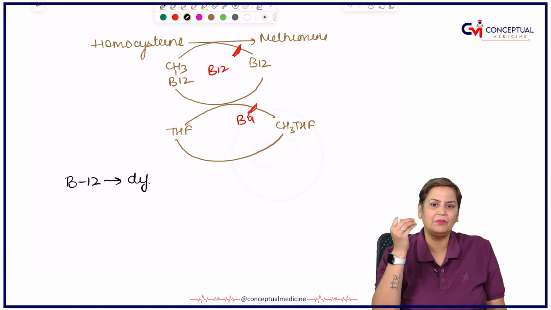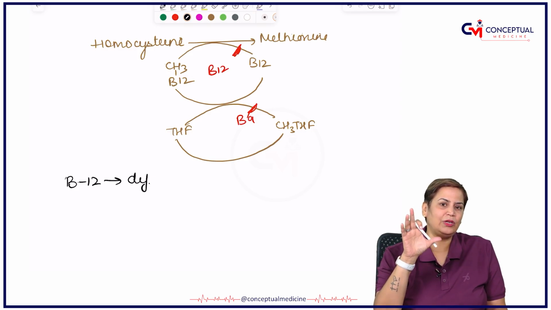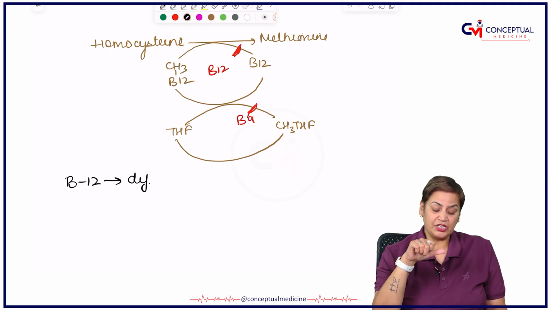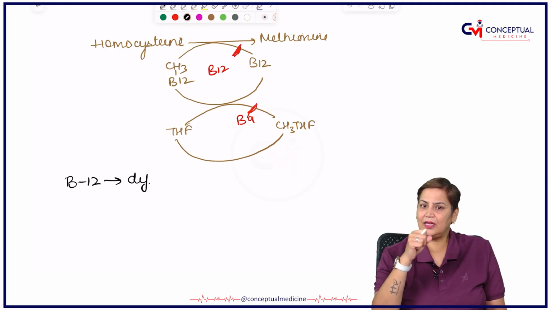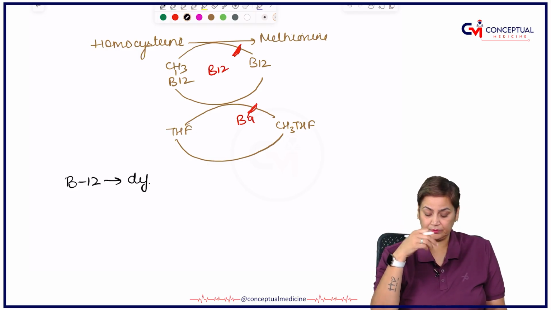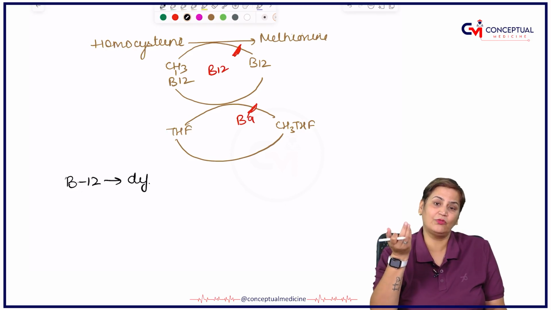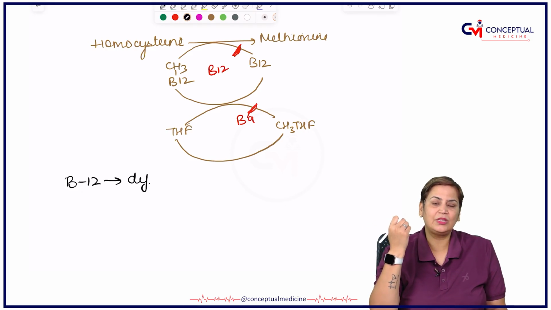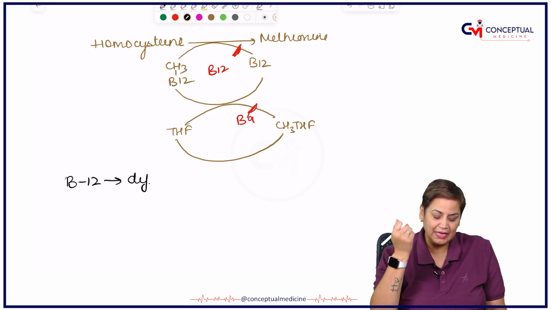A stage will come when the entire folic acid will be trapped here. Now, other reactions which still require carbon, which still require the methyl group from folic acid, are going to suffer. This term is known as folate trap, and folate trap is mainly seen in B12 deficiency.